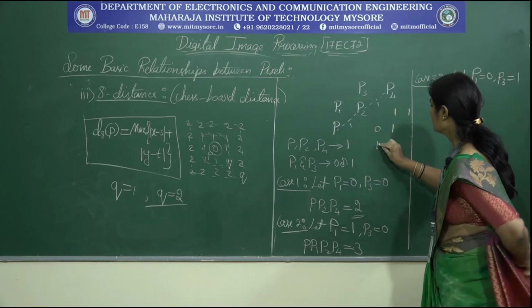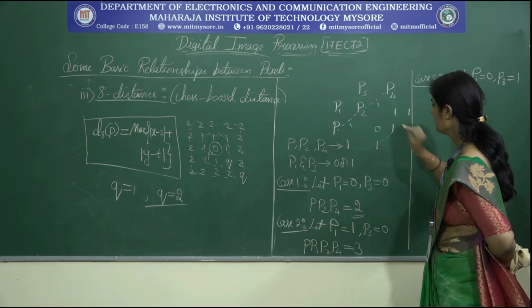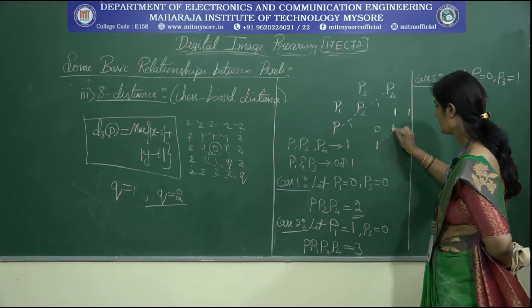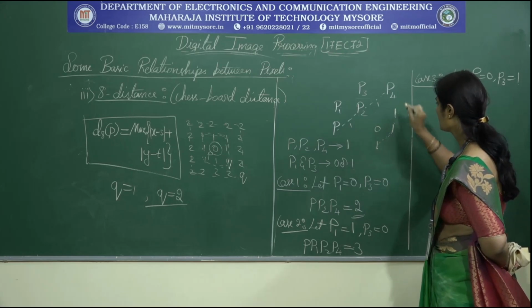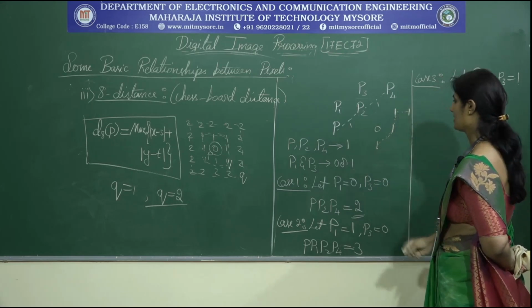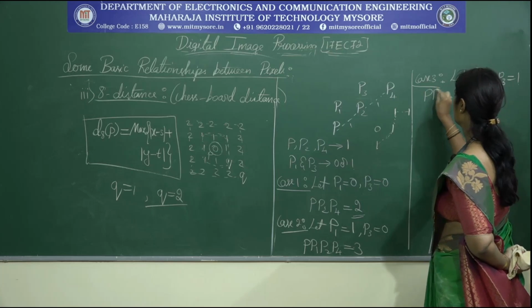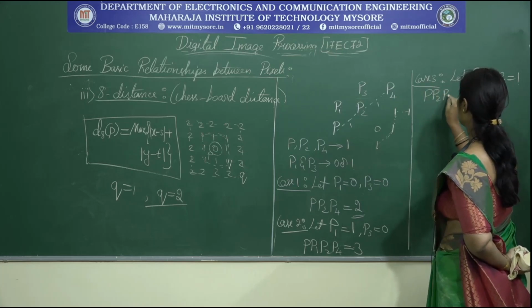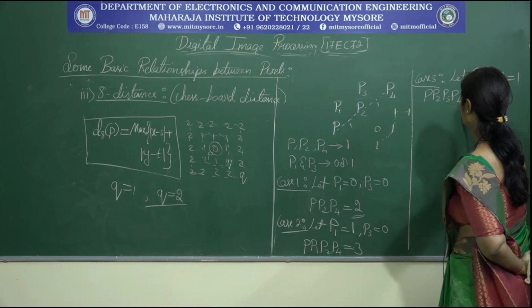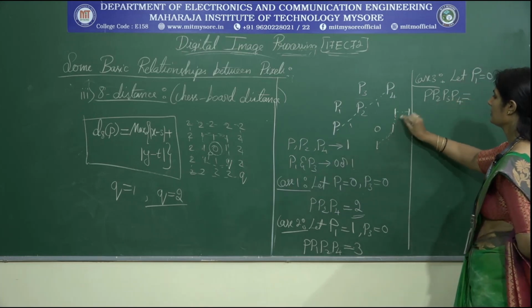Okay. So this is 8 adjacent with this and this is 4 adjacent with this and this is 4 adjacent. So the path is P, P2, P3, P4. So the distance is 1, 2, 3.